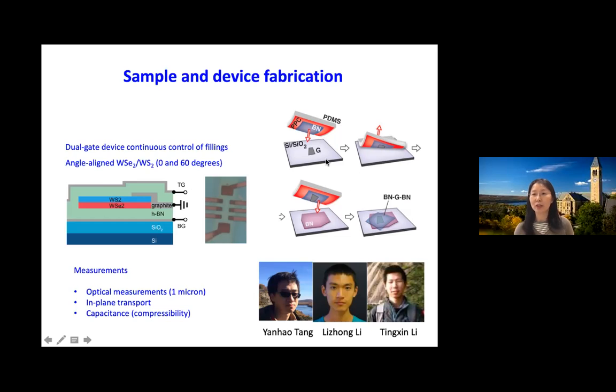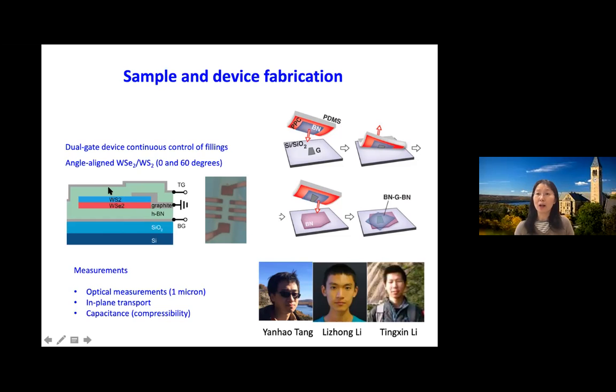So we can do it within about a half degree accuracy here. And an example looks like this. We have some electrodes, and here is the heterostructure. The Moire system is encapsulated in hexagonal boron nitride, and we can also put few-layer graphite as top and bottom gates.